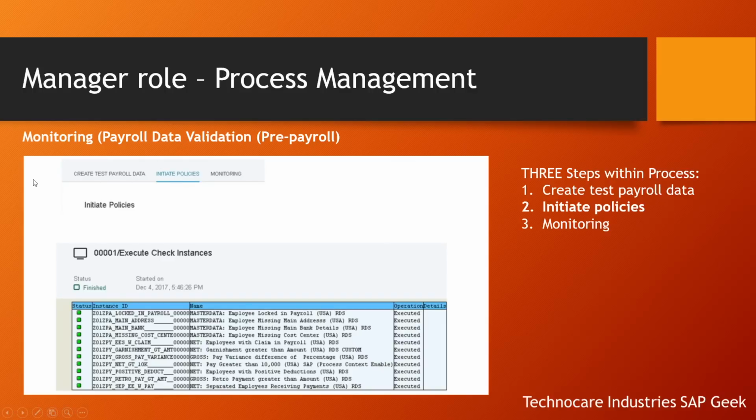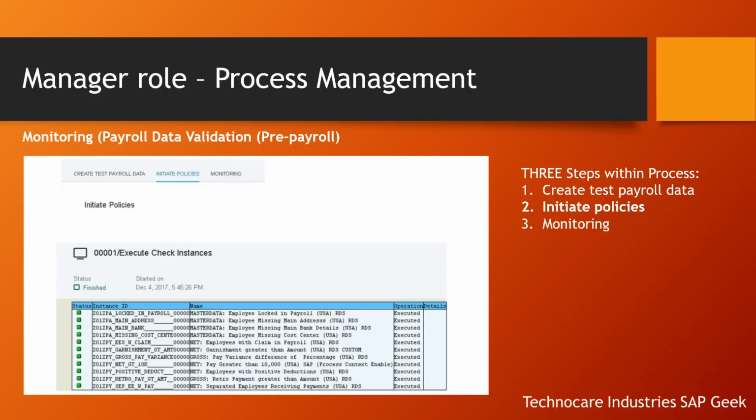Okay, now this is the screen of initiate policies. When payroll manager will start this process of initiate policies, 2 things will happen. So system in background, the background jobs will run, and they will calculate all the alerts and the KPIs based on the policies which are assigned to this particular process.